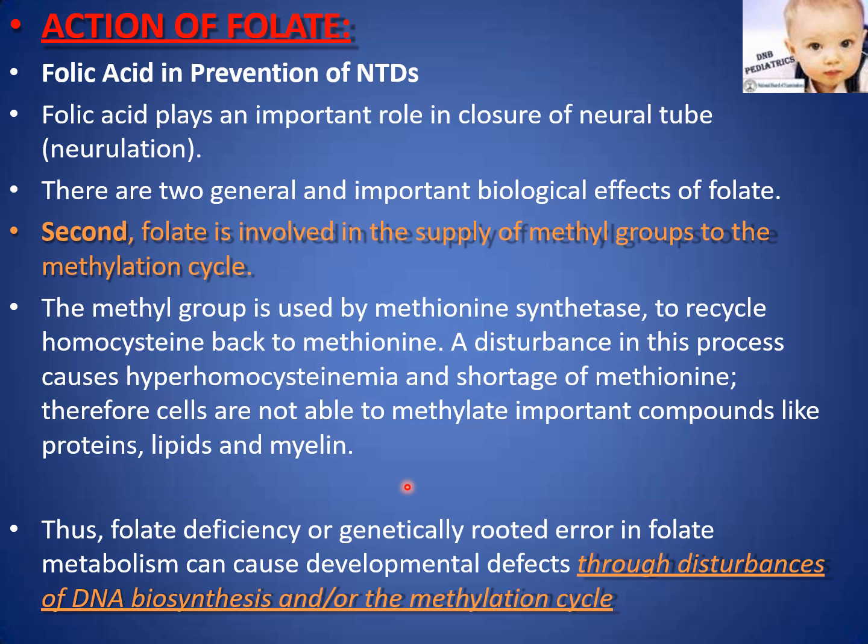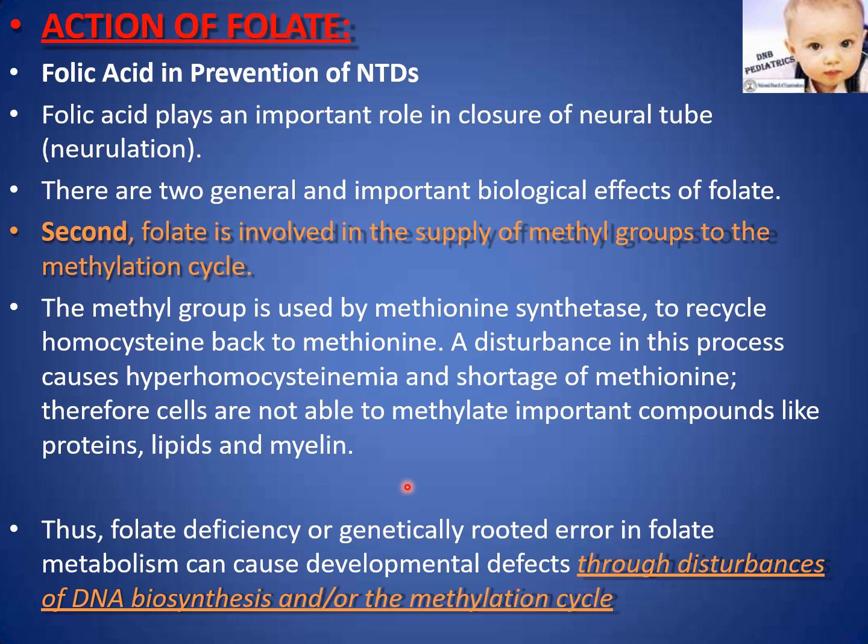Therefore, the cells won't be able to methylate important compounds like protein, lipids and myelin. Because of the shortage of methionine, the cells won't have the capacity to utilize protein, lipids and myelin. So folate helps the methylation cycle also.